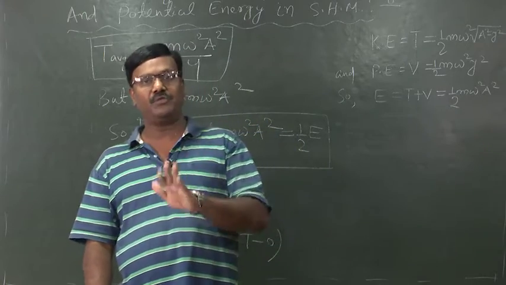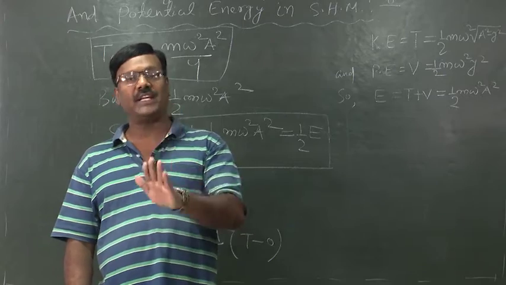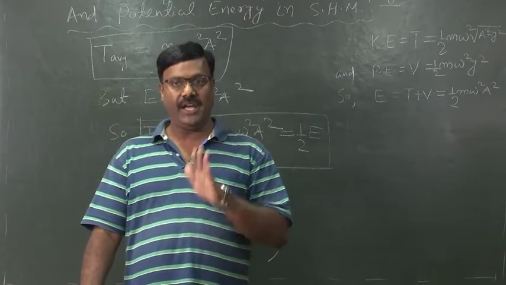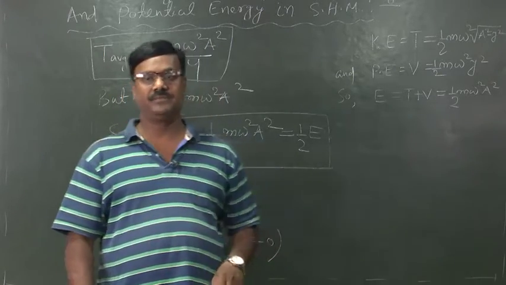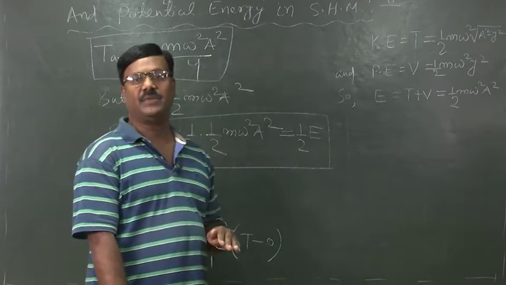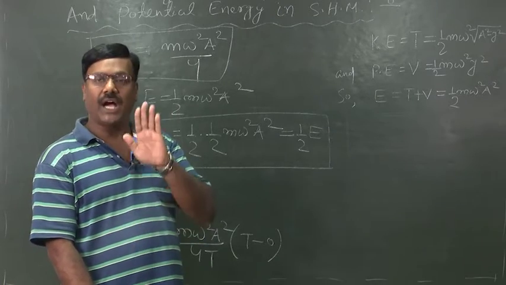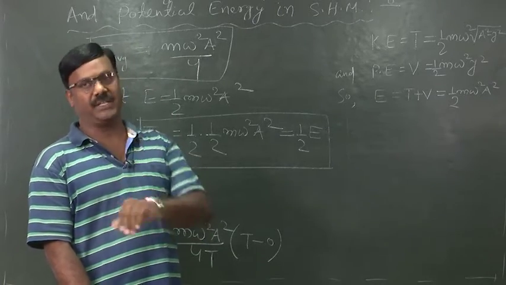Now, we have to find out the time average value of potential energy of the body executing SHM. What we have done in calculating the time average value of kinetic energy, for potential energy we have to follow this similar method.